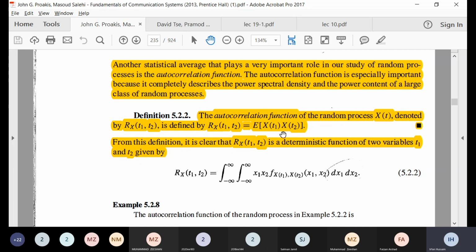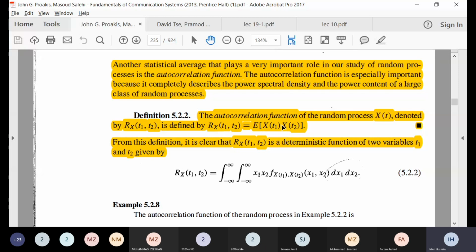Let us try to again understand autocorrelation from this book. The exact definition of autocorrelation of a random process is autocorrelation at 2 times. It will be the expectation of the random process taken at 2 times. If I take it at 2 times, it actually means I am taking 2 random variables, because once you fix time in a random process, it becomes a random variable.